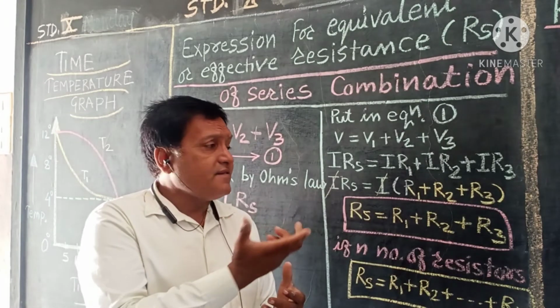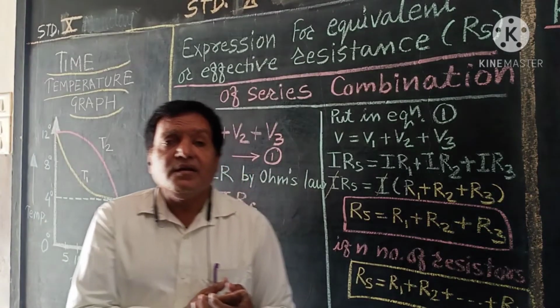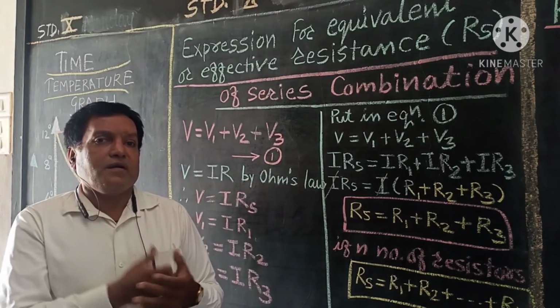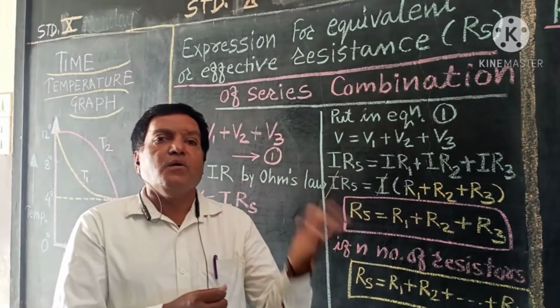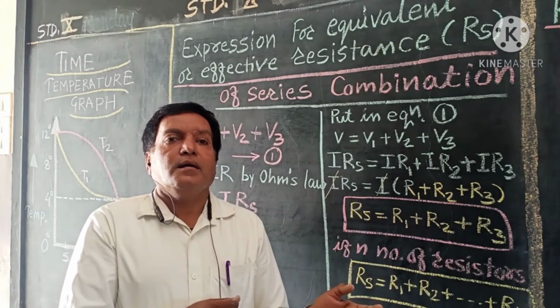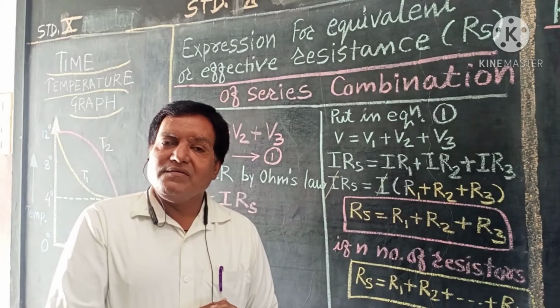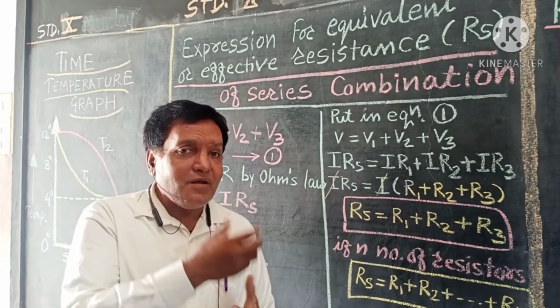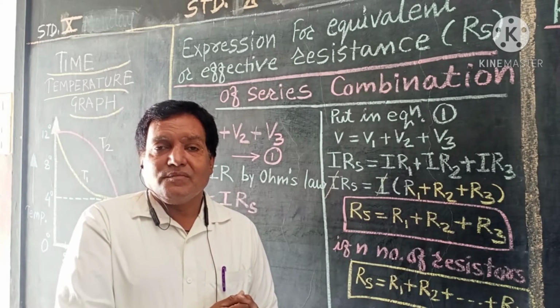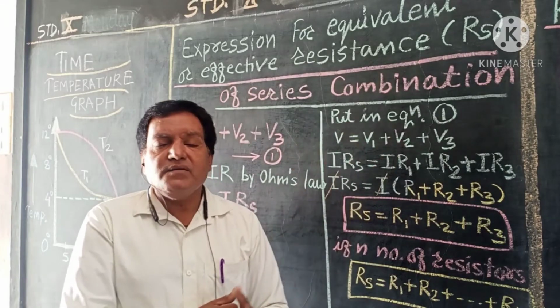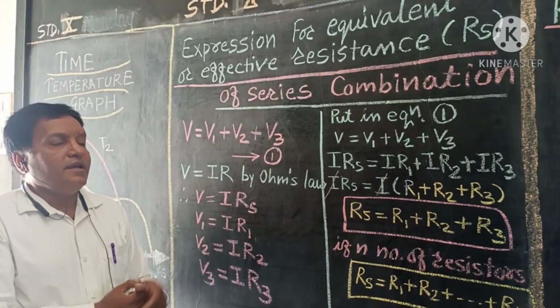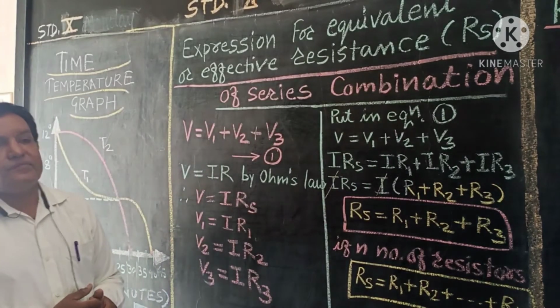We know that a resistor is a device which opposes the flow of current. If the value of resistance is more, the current flowing will be less. If the value of resistance is less, more current will flow. This means the series combination of resistors decreases the current.